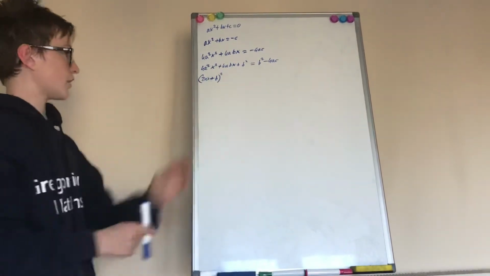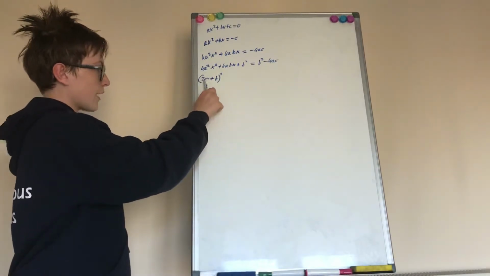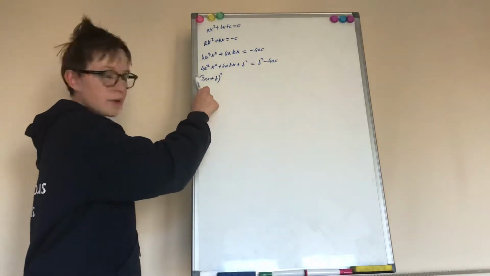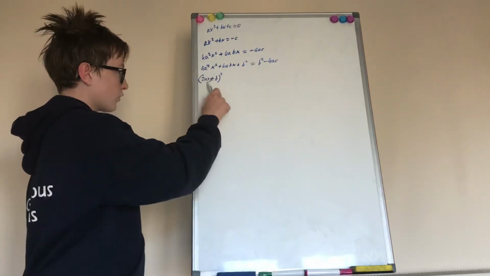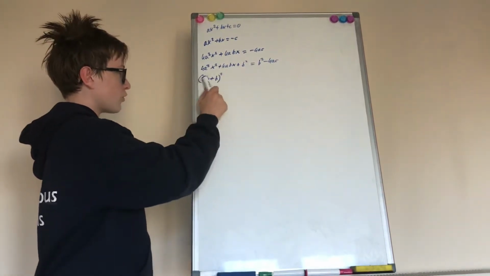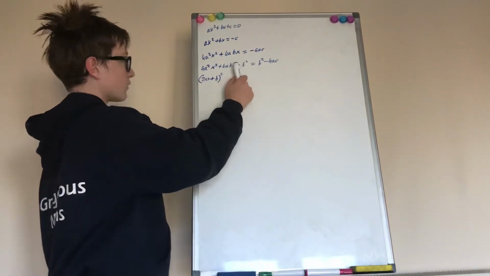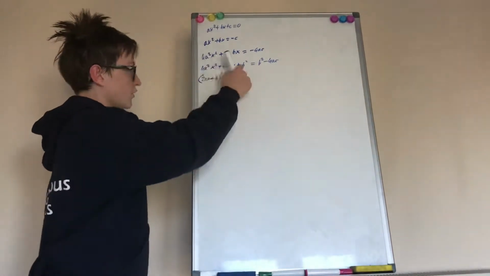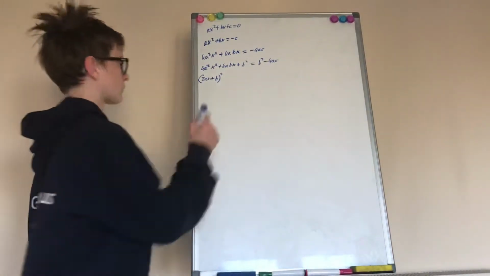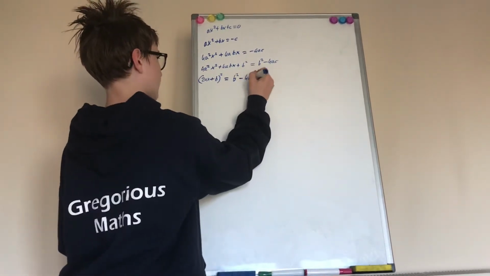And when we expand this, 2ax squared is 2 squared, which is 4, a squared, x squared, plus 2 times that is 2axb plus b squared. And this equals b squared minus 4ac.